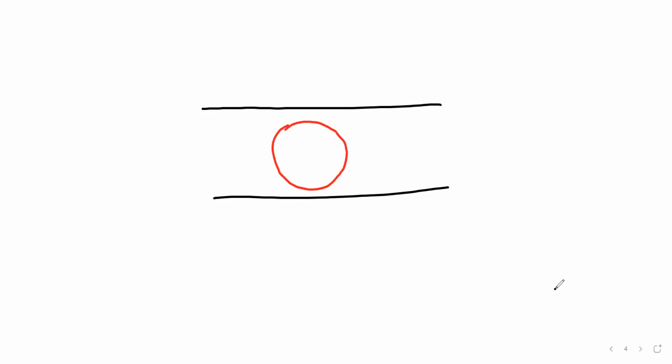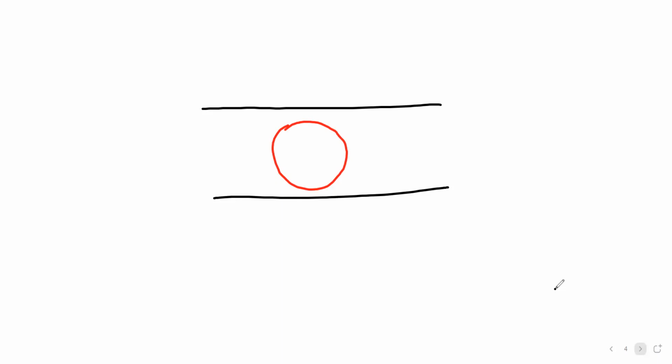So let's suppose this is a blood capillary where the blood is coming, and this blood has red blood cells in it, and this red blood cell has oxygen bound to it.